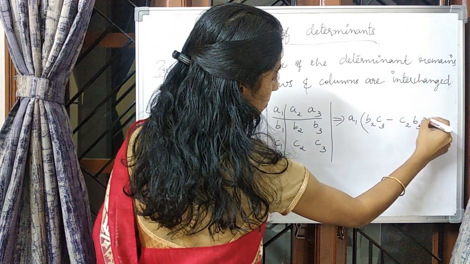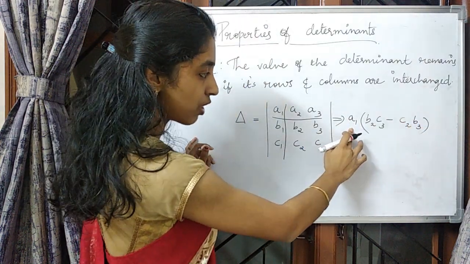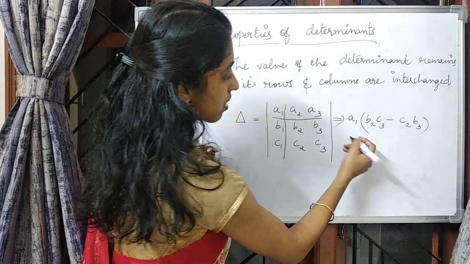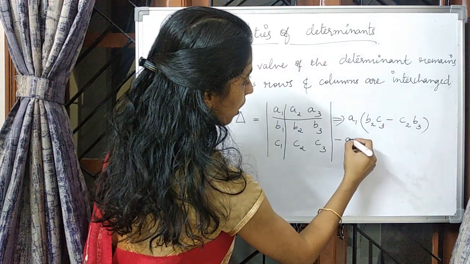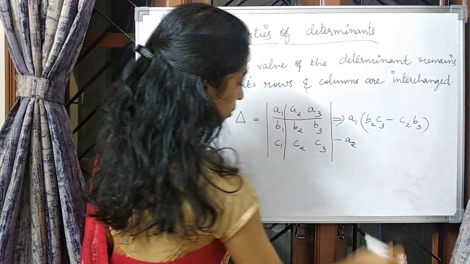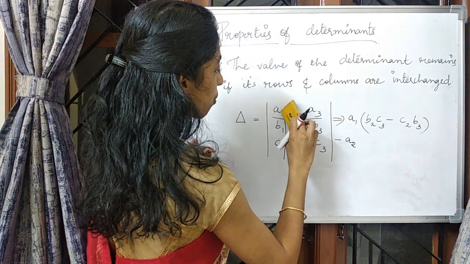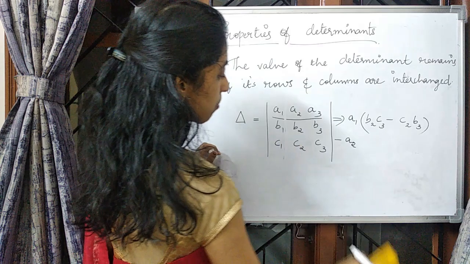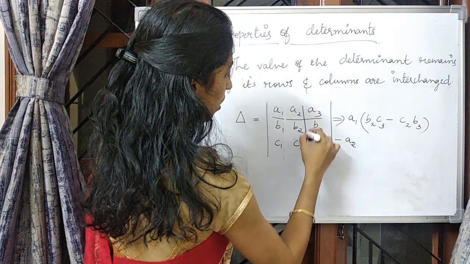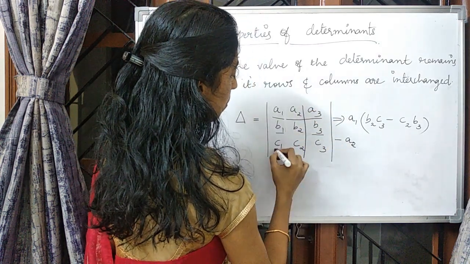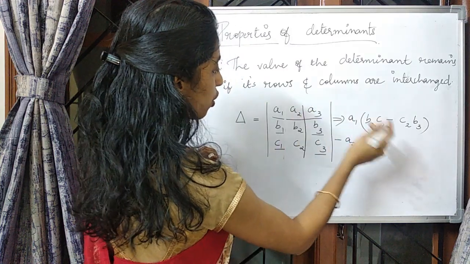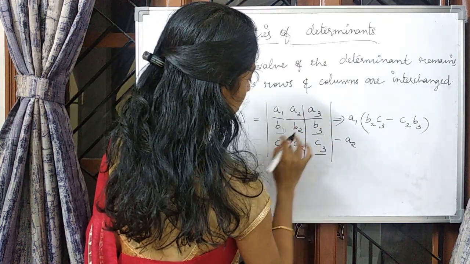Here it was plus. Next the sign will change, so negative A2. Then we take its corresponding row and column, and the remaining elements are B1, B3, C1, C3.